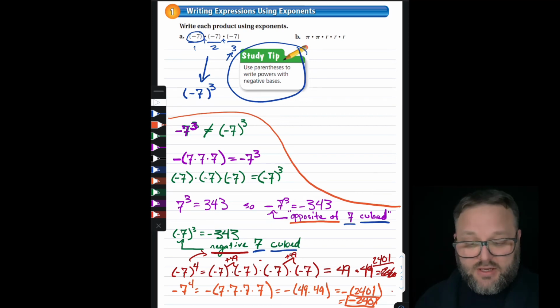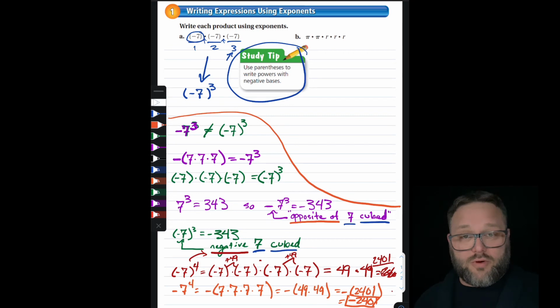So everything you see now below the orange line was just to help create those 3 rules. The rules are, again, if there are parentheses and my exponent is even, then my answer will be positive. If there are parentheses and my exponent is odd, my answer will be negative.